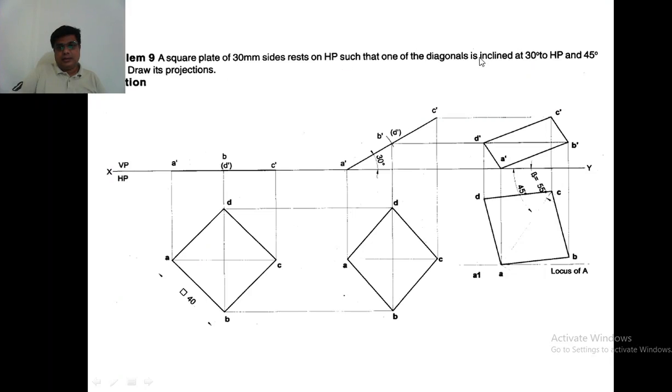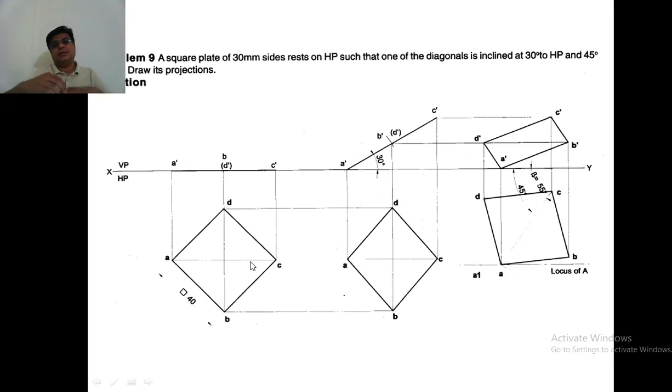So the diagonal is inclined 30 degree to HP and 45 degree to VP. Since he is taking the diagonal, you have to keep the square on the corner on HP. This AC is one diagonal, BD is the other diagonal, and the diagonal is inclined at 30 degree to HP. Diagonal means diagonal will be on the surface.